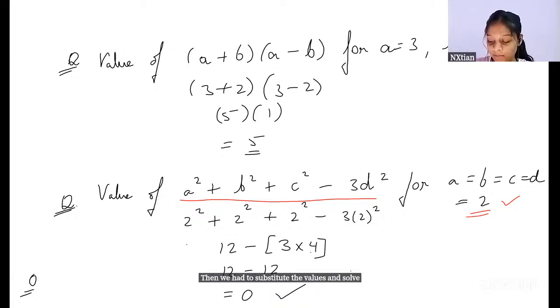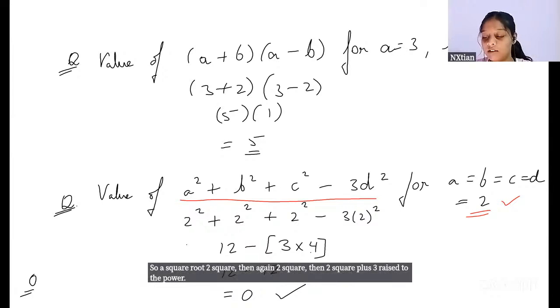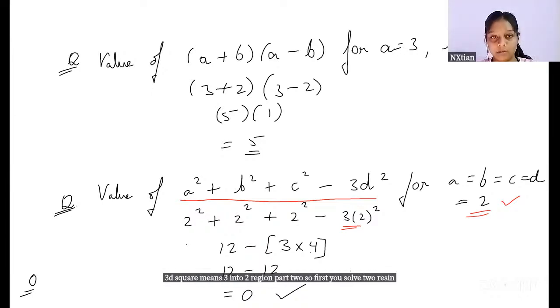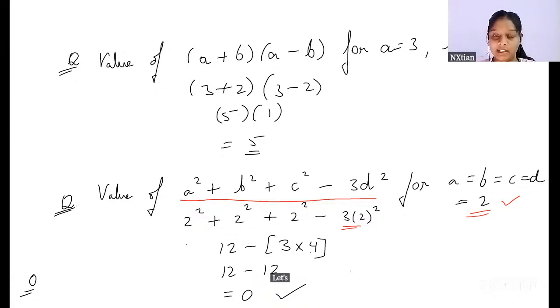So a square, I put 2 square, then again 2 square, then 2 square, minus 3d square, which means 3 into 2 raised to the power 2. So first you solve 2 raised to the power 2, which becomes 4. Then multiply it with 3. That is 12. So here I got 12 and here also 2 square is 4.